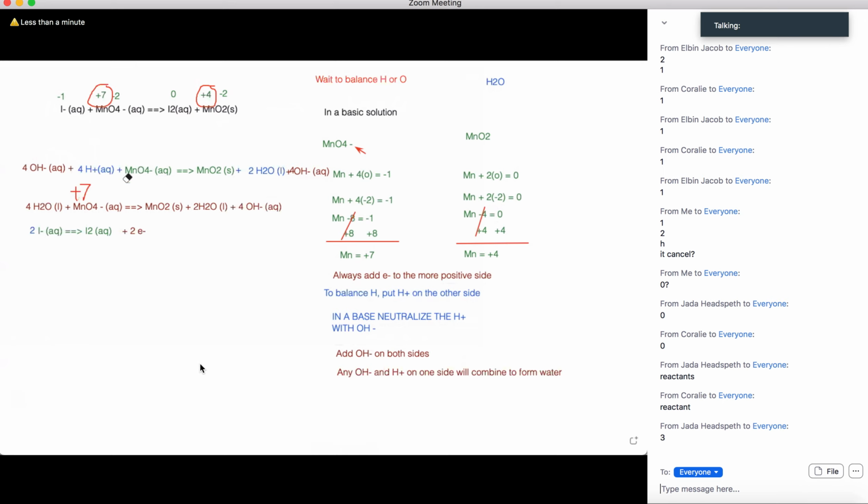let me get rid of this. There we go. Come on, go away. There we go. All right. Looking at these two, we're going to add them together.